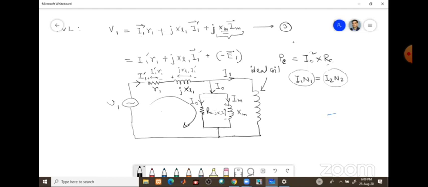Okay, so the leakage reactance, or sorry, the leakage flux rather, because leakage reactance comes after some derivations. The leakage flux is mainly responsible for leakage inductance and leakage reactance.